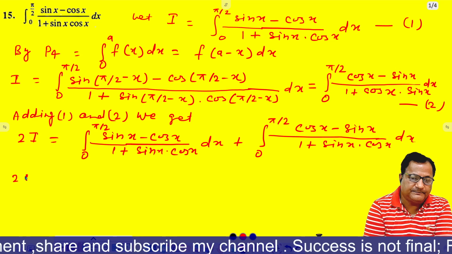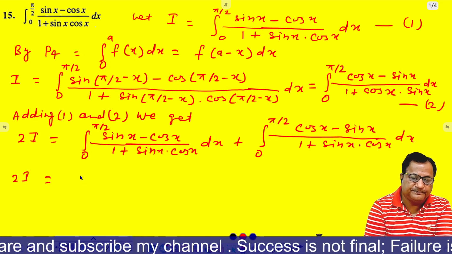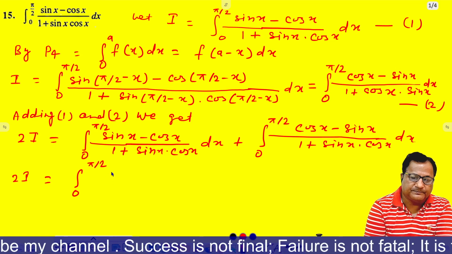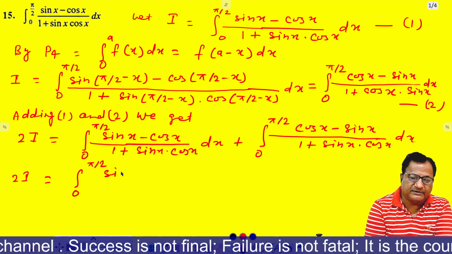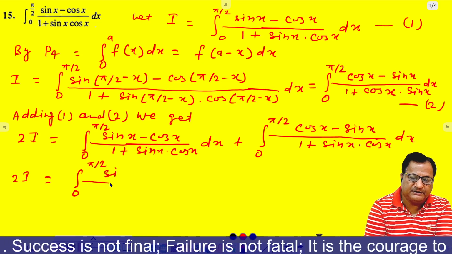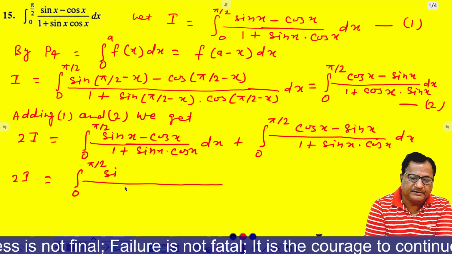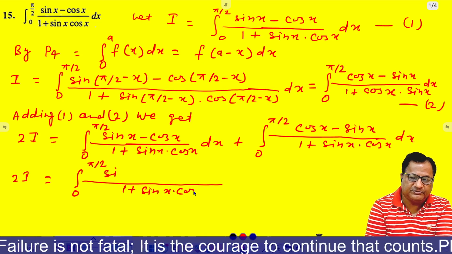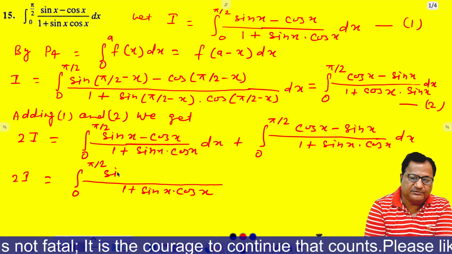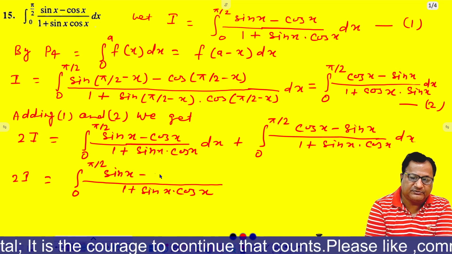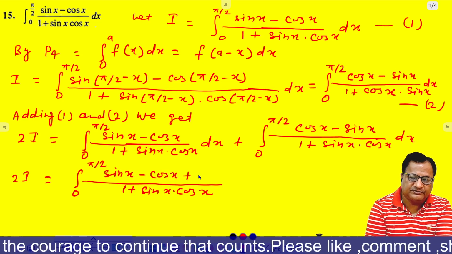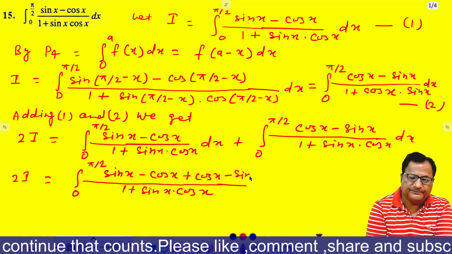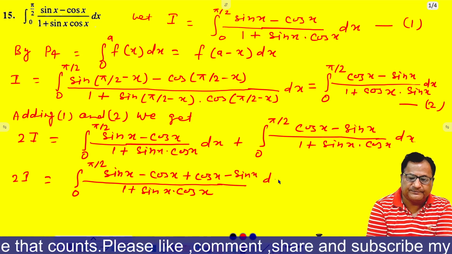So 2I is equal to the integral from 0 to pi by 2. This will be the LCM, 1 plus sin x into cos x, and in the numerator sin x minus cos x plus cos x minus sin x, dx.